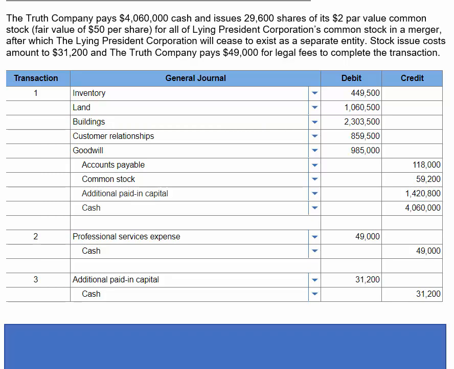The other reason I think it makes sense to prepare it this way is the organization is probably using some kind of accounting software, and accounting software tends to break items down into separate transactions rather than combining them in one massive general journal entry. So I also think breaking these down in separate transactions is a better representation of how the transactions would be recorded in a real general ledger when accounting software is being used.